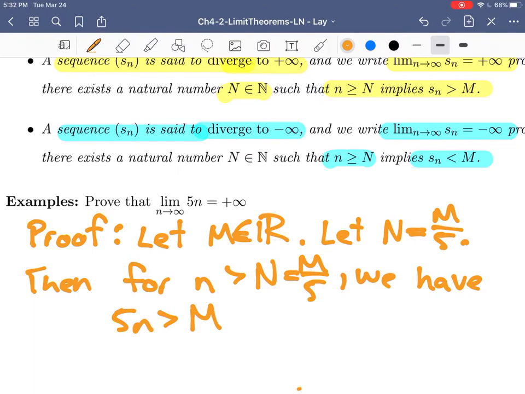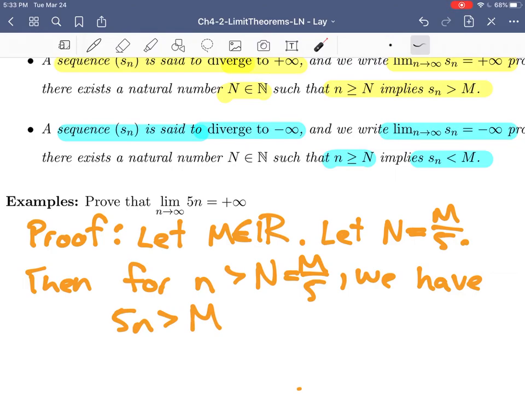So the terms of our sequence are going to be larger than m as long as we're far enough down, as long as our index for the sequence is more than m over 5.